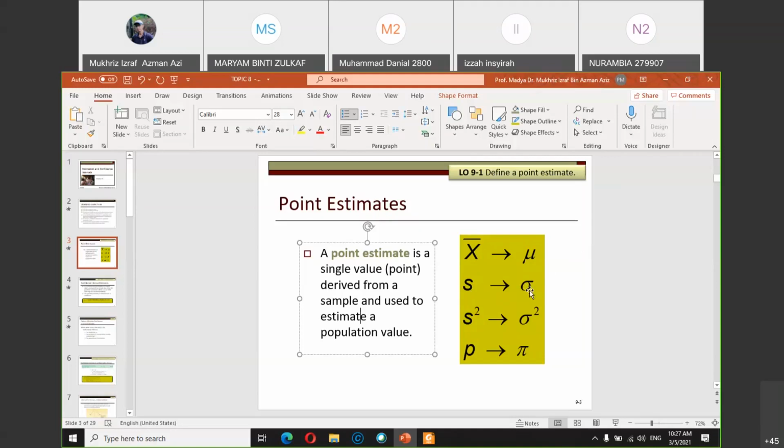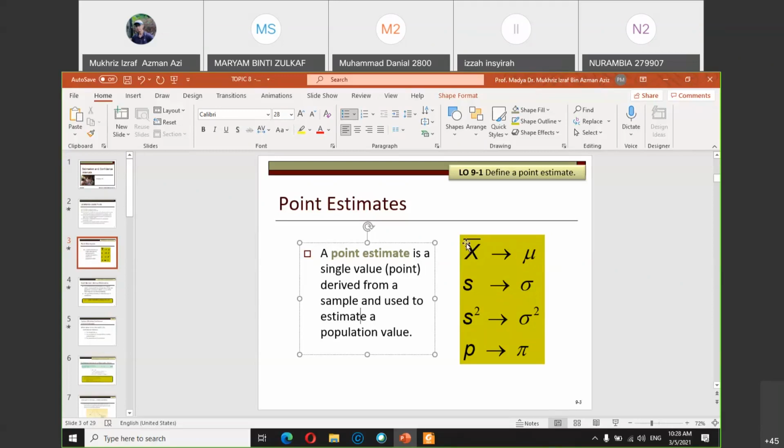You can refer back to your previous chapter, I think chapter 3, when you learned how to calculate standard deviation from a population and from a sample. So basically, a point estimate is the use of sample information to estimate the population value.